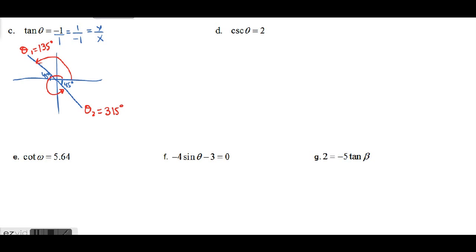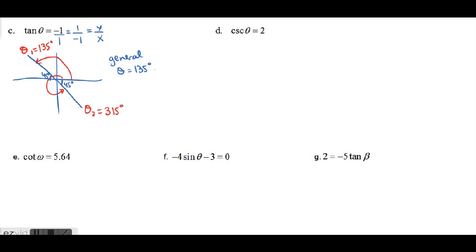I'm going to do a general solution for tangent because it's slightly different. Tangent has a period of 180. So technically you could just write down in general, you could do just theta is equal to 135. You could just use one of these.